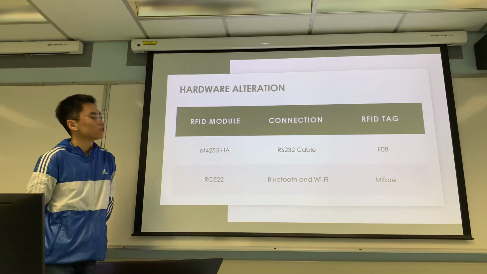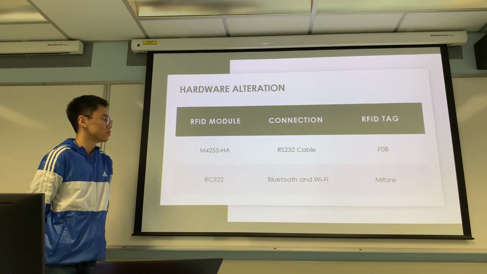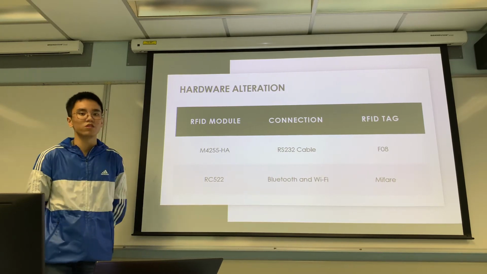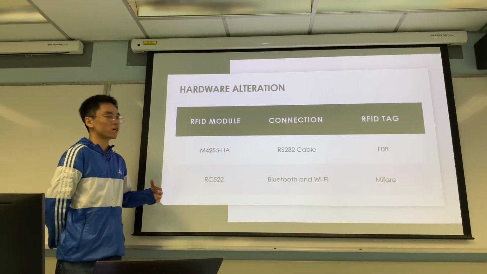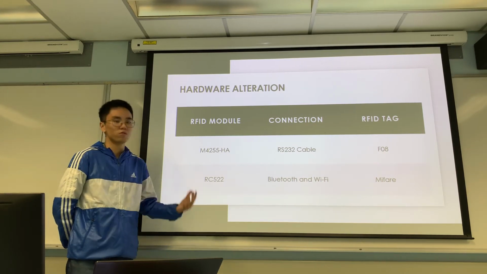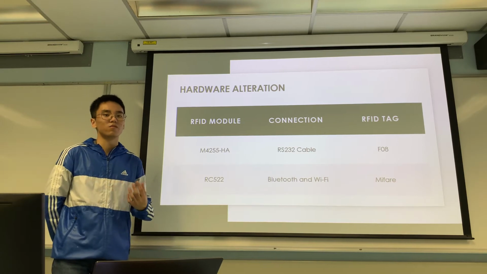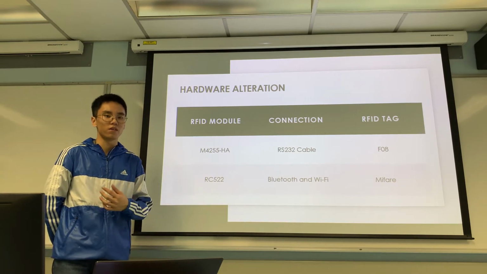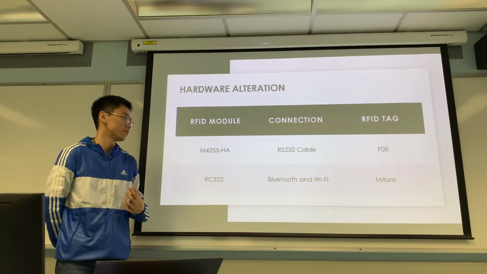The biggest change is that we introduced the Arduino module to our system. By taking advantage of the Arduino module, I changed the connection way to wireless. I can use Bluetooth and Wi-Fi to send and receive data between the RFID tag and our data center.